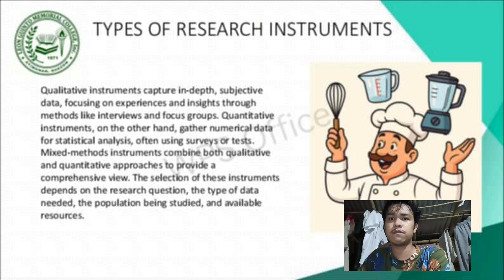These tools are great for exploring complex topics and understanding the why behind people's actions and beliefs. So in short, qualitative instruments help us to see the bigger picture. They allow us to go beyond surface level answers and truly understand what's happening and why.